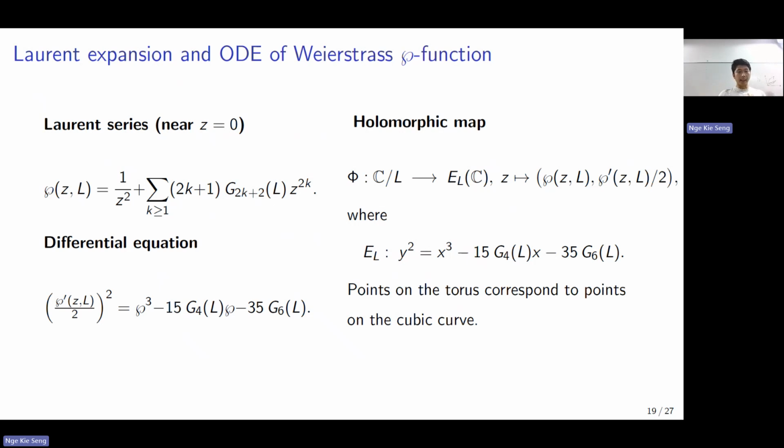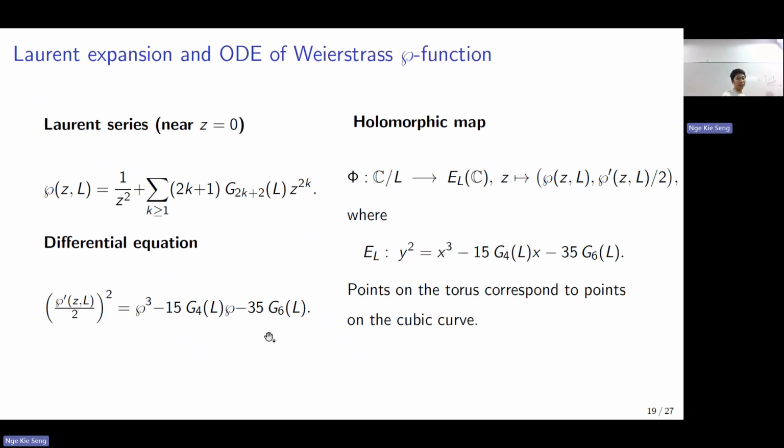Once we get this, we will notice that the Weierstrass P function actually satisfies this differential equation. This differential equation defines an elliptic curve, y squared equals x cubed minus ax minus b.